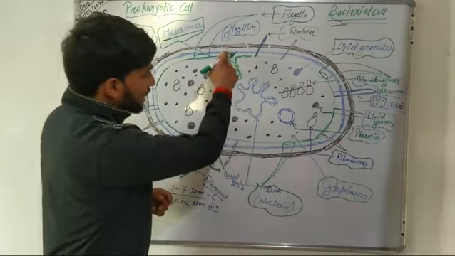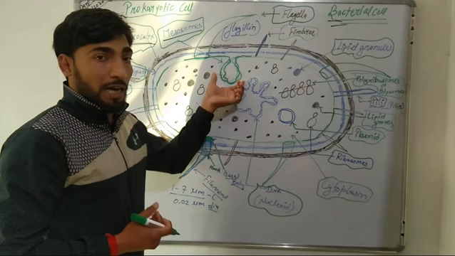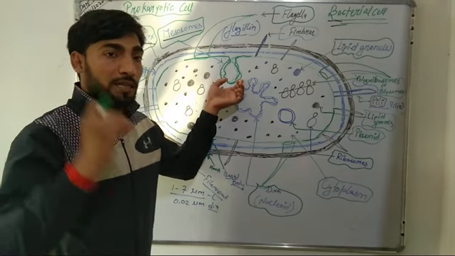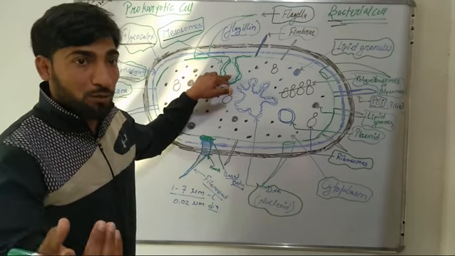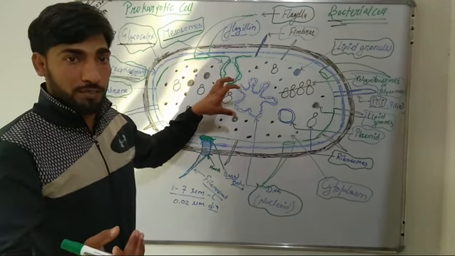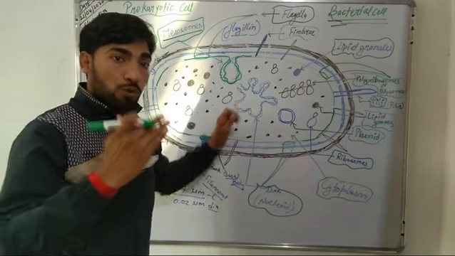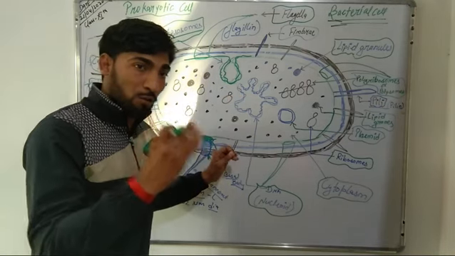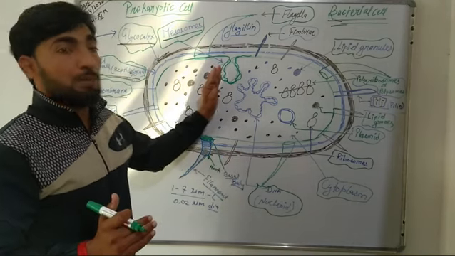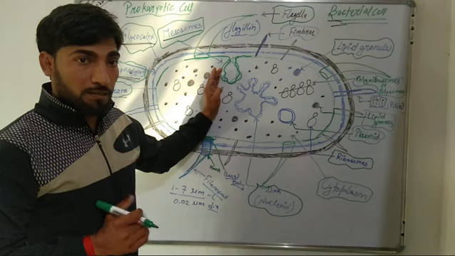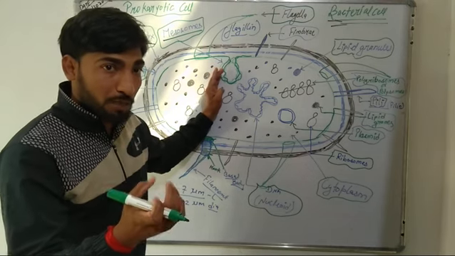First of all, mesosomes help in the cell division process, and they contain enzymes. These enzymes, which are present in mesosomes, help in the respiration process. That means mesosomes act as mitochondria for these prokaryotic cells. Though prokaryotic cells do not have mitochondria, which are characteristic of eukaryotic cells, these mesosomes present in prokaryotic cells are the center for the respiration process.